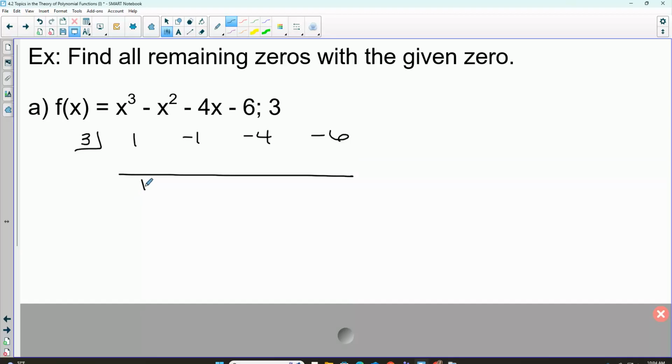Okay, so 1 comes down, times 3 is 3, plus negative 1 is 2. Times 3 is 6, plus negative 4 is 2. Times 3 is 6, plus negative 6 is 0. Alright, so that's my remainder, my constant x and x squared. So we have x squared plus 2x plus 2.